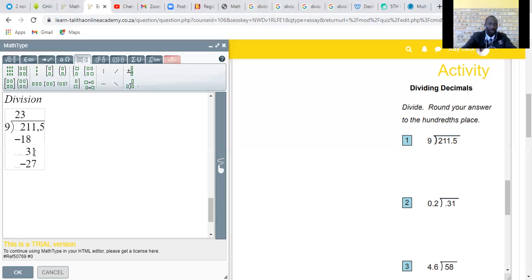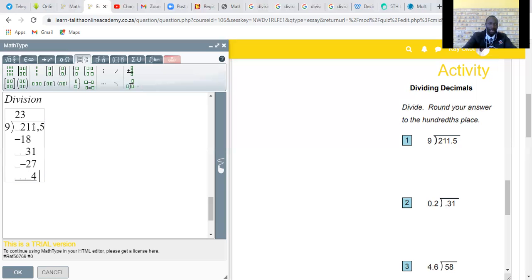We subtract 27 from 31. What do we get? We get 4. Yes, that is what we will get. Now, this decimal point here is where we have reached. What do we do with it?